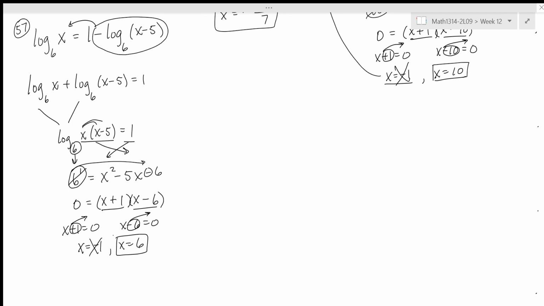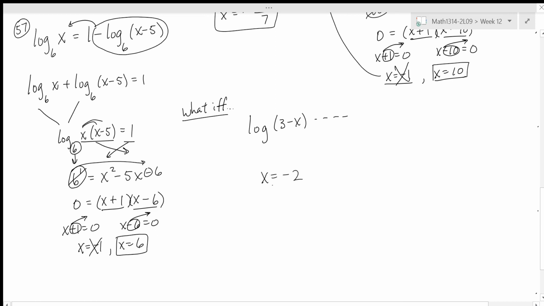Let's play the what if game, okay? Oh, why did I put 2 F's? I don't know. I'm going to leave it with 2 F's. What if the original equation said log of 3 minus x and some more stuff, okay? Let's say that, and then let's say that one of our answers was x equals negative 2.